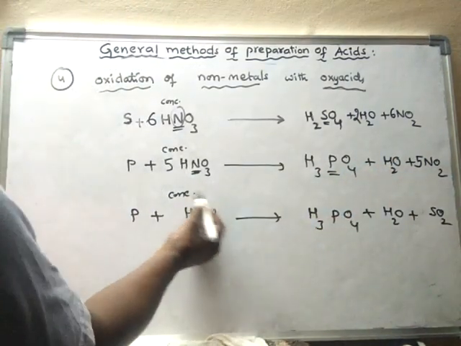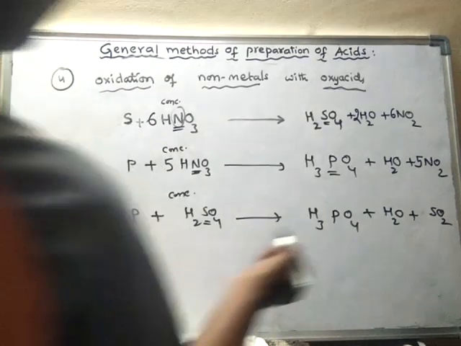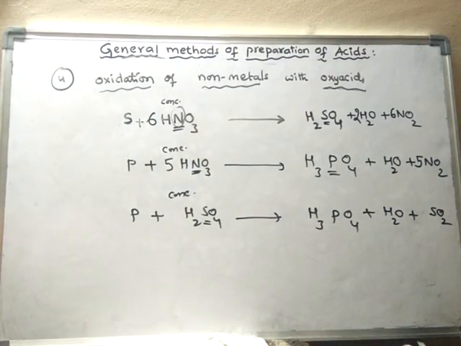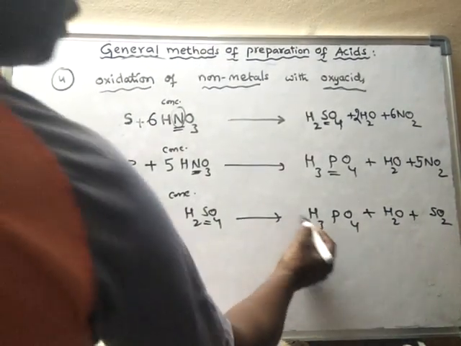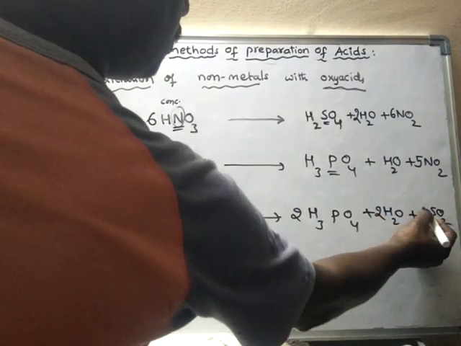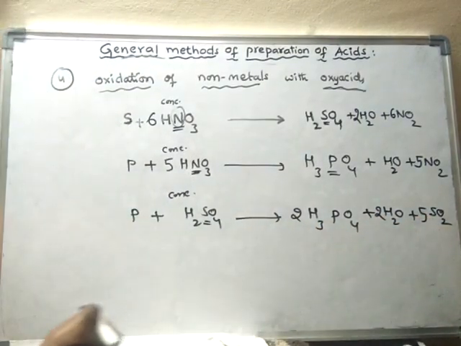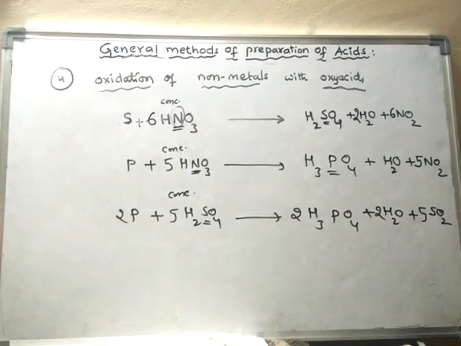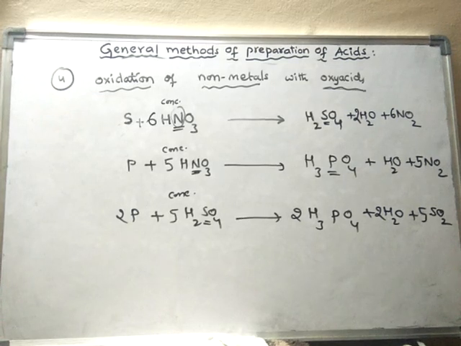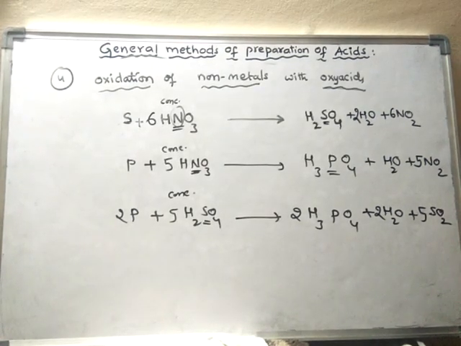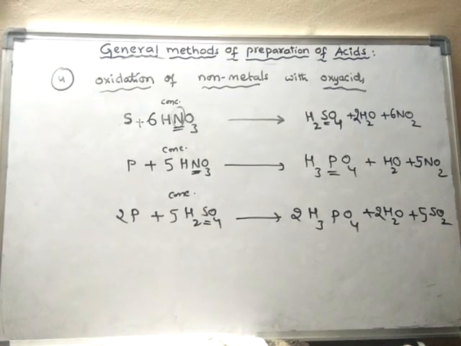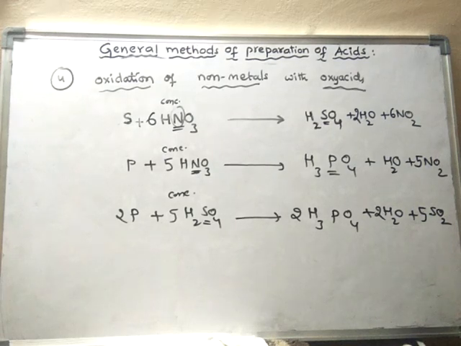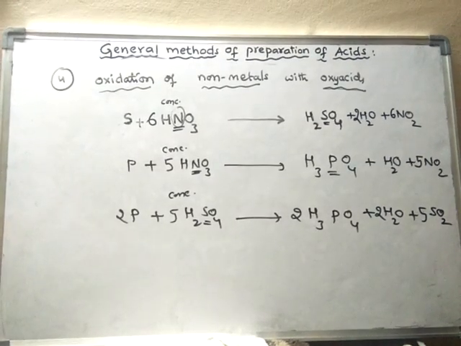When sulfuric acid is used, it forms SO2. So in this way, oxidation of nonmetals is another method, the fourth method, to prepare acid. These are the general methods of preparation of acids.